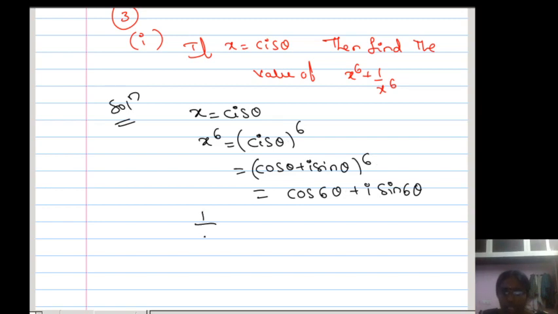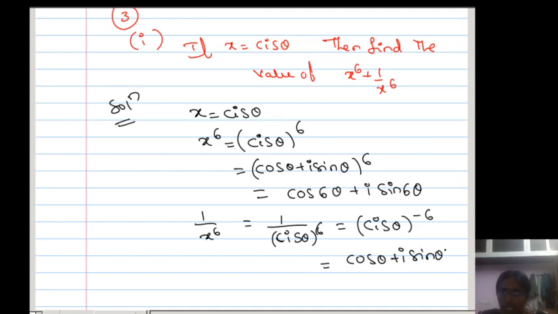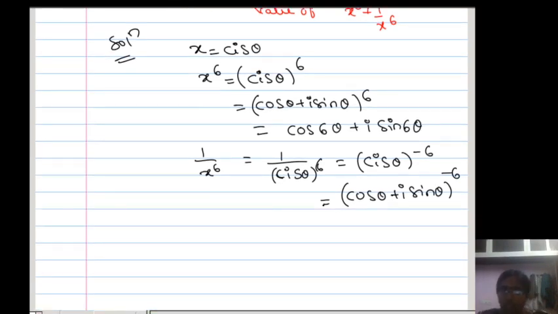What is 1 by x power 6? It means 1 by cis theta power 6. Okay. So this I can write as cis theta power minus 6. So cis theta means (cos theta plus i sin theta) power minus 6. Already I gave one note point. This is equivalent to what?